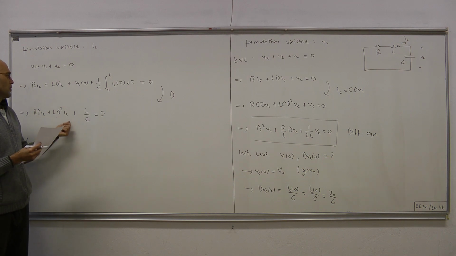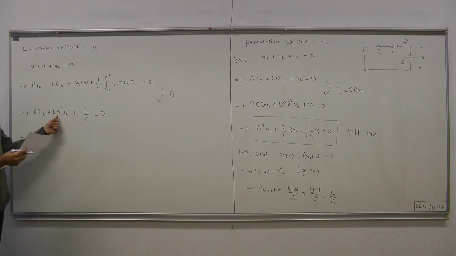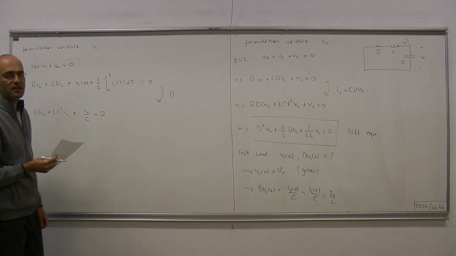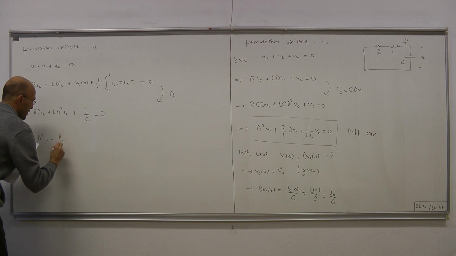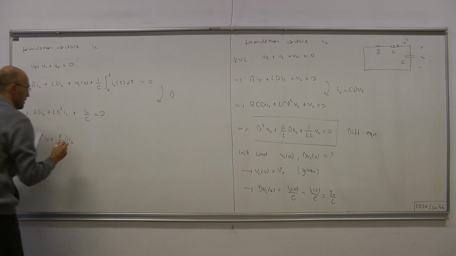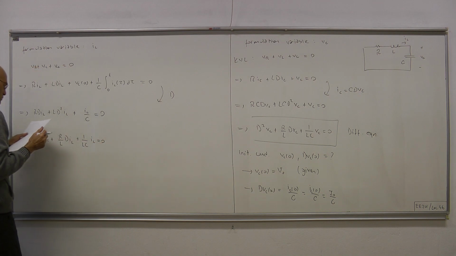That is an equation only in terms of our formulation variable. So let's rewrite it so that the highest order term appears with unity coefficient. So then we have d squared IL plus R over L dIL plus 1 over LC IL equals 0.